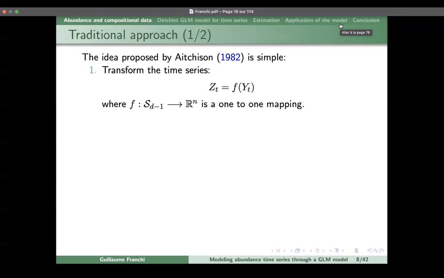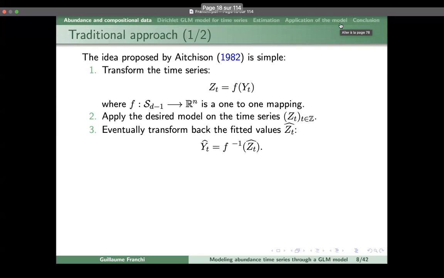And now, because you don't have any constraint on Z_t anymore, you can apply your favorite time series model to your process Z_t. And eventually, if you want to have fitted values in the original state space, you can transform back your fitted values Z_t hat with the inverse application F^{-1}.